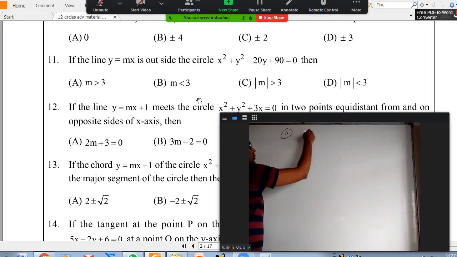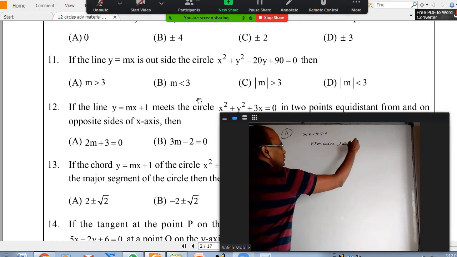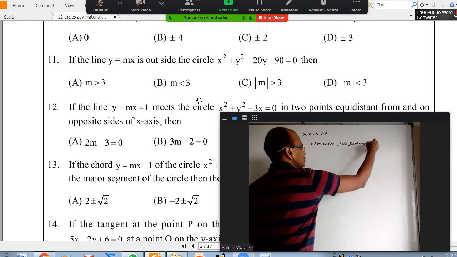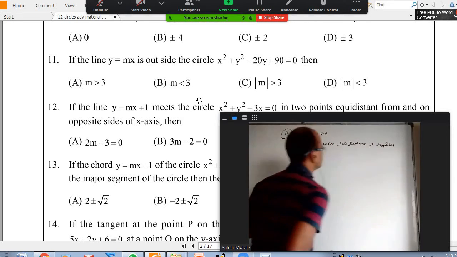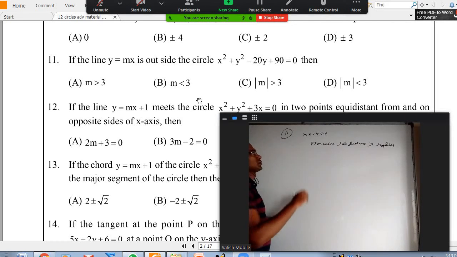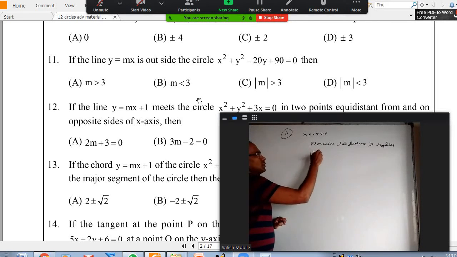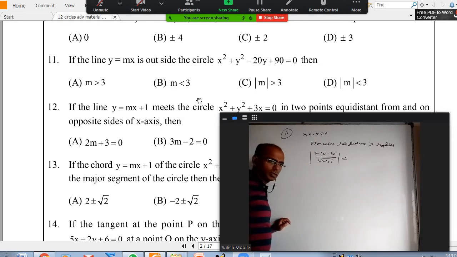So you can write mx minus y equal to 0. So from the center, the perpendicular distance should be greater than the radius. The center is 0, 10. And that is m into 0 minus 10 by root m square plus 1. So that's 10.